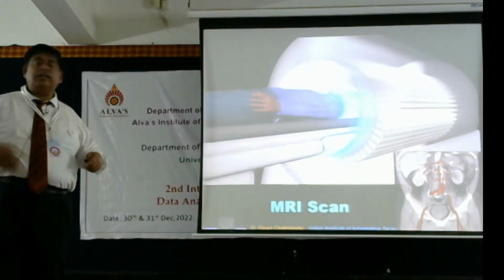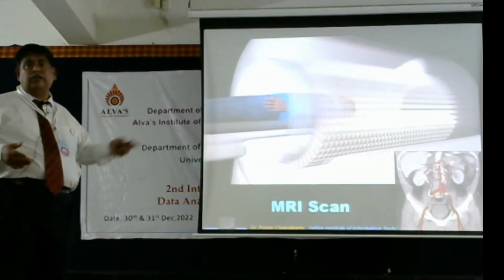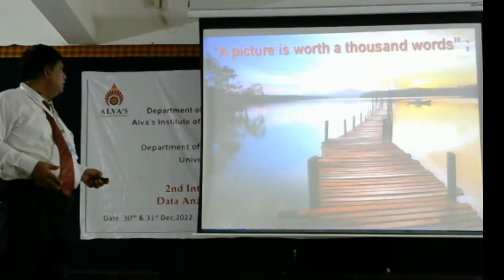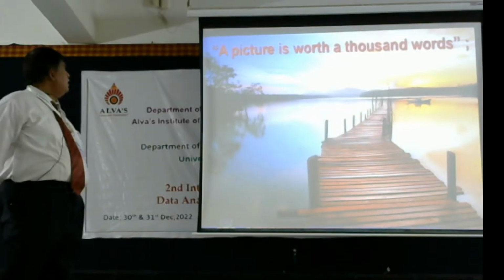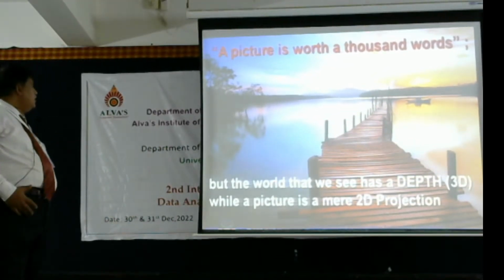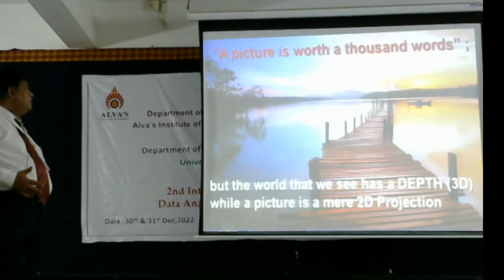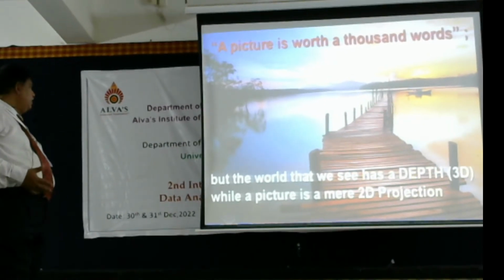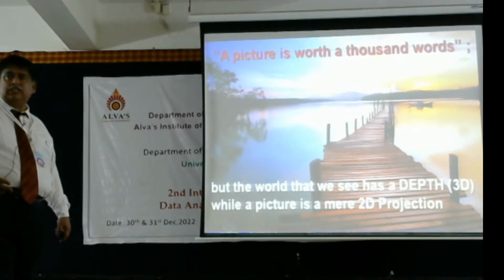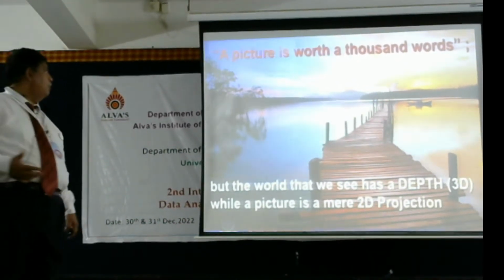Like depth finding in cameras, this is being used in medical sciences, and it is being very well used there. A picture is worth 1,000 words, but the world that we see has depth, 3D, while the picture is a mere 2D projection. So can I get depth from it?